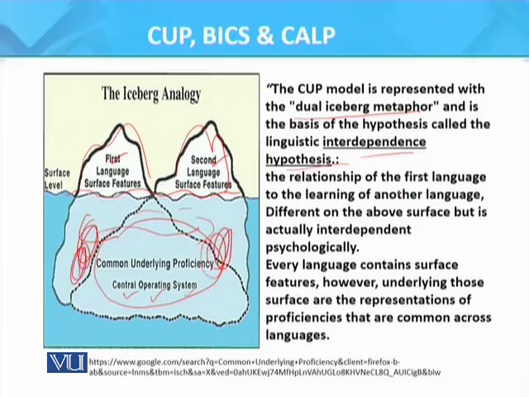So it says the first language and the learning of another language are different on the surface, but actually interdependent psychologically. That is where the second language surface features get facilitated or motivated.